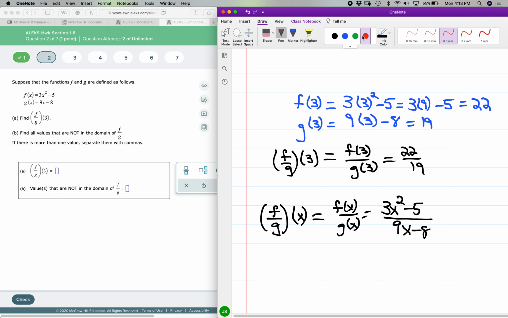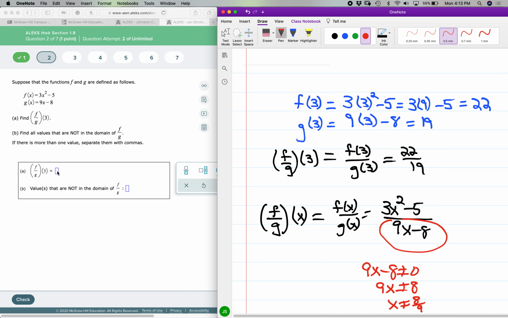For what is excluded from the domain, 9x minus 8 cannot be 0. Taking what we have here, 9x cannot be equal to 8, and with division by 9, x cannot be 8/9.